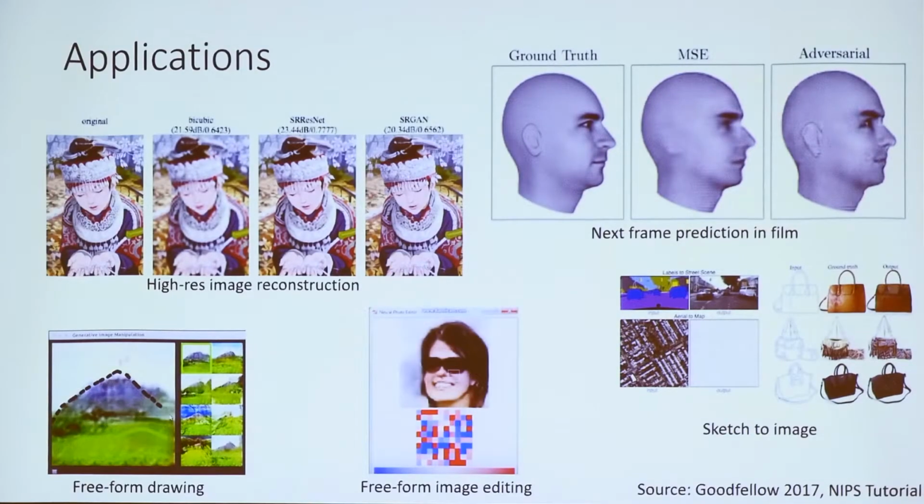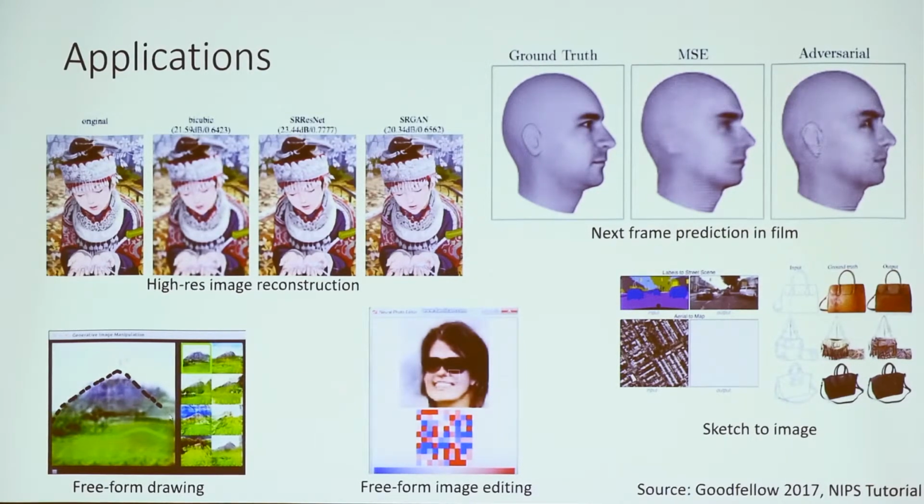And there have been some applications. Most of them are more expository. So for instance, there have been some applications on finding high resolution images from low resolution ones. So you can see here, this is the original high resolution, and this is the high resolution that was derived by some state-of-the-art GAN. You can do things like a person draws a sketch, and then the generator samples an image conditional on that sketch, and samples an image of a mountain.